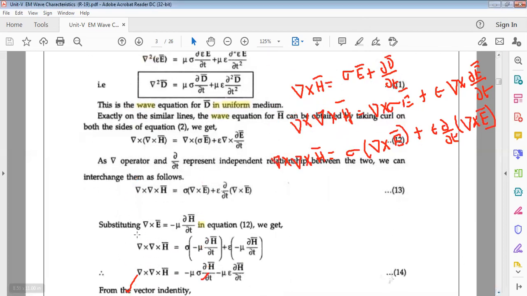Okay. Now what is del cross E bar equal to?